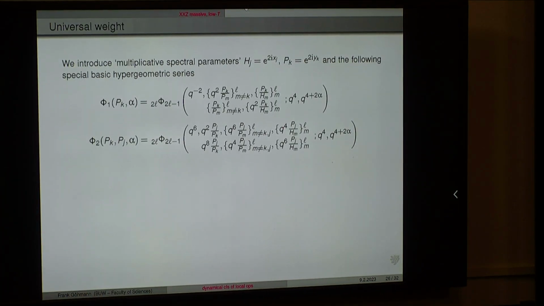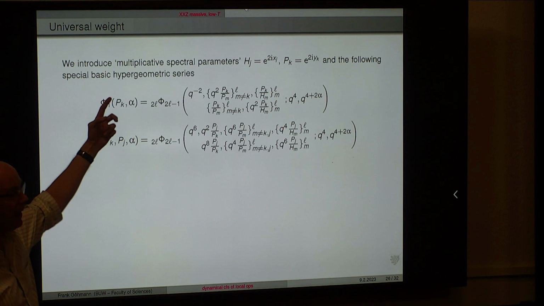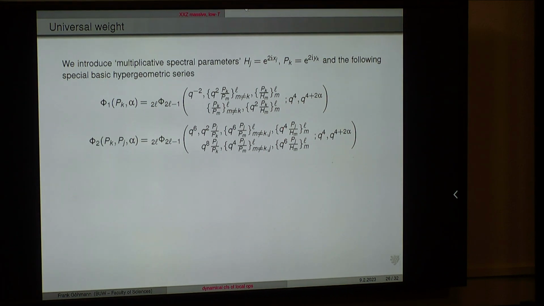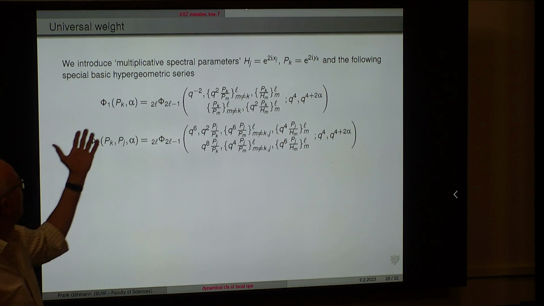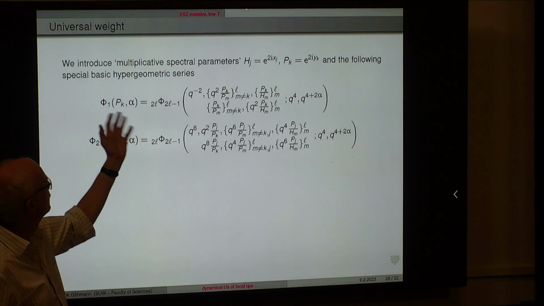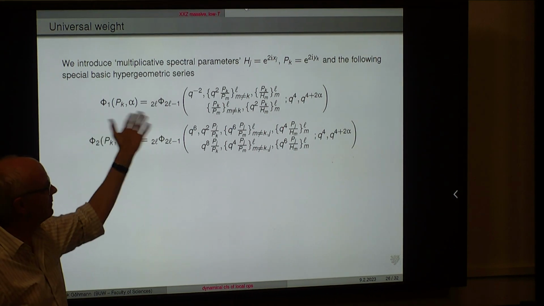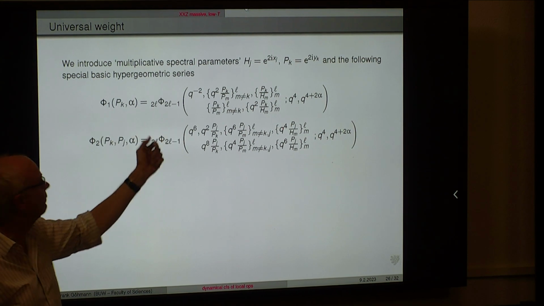So I have this, and the point is we can entirely describe this in terms of known classical special functions. The functions which occur here are of two classes. One is basic hypergeometric series, or Q-deformed hypergeometric functions. If Q goes to 1, this becomes the generalized hypergeometric function.